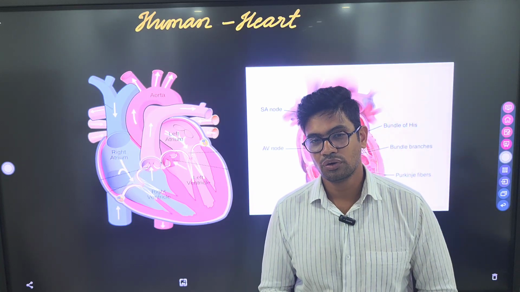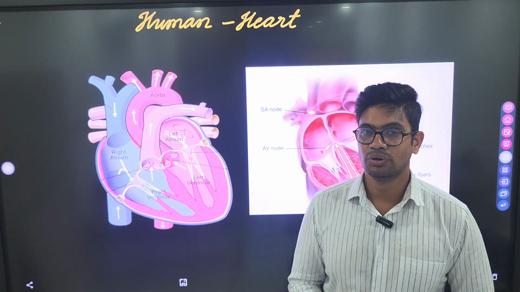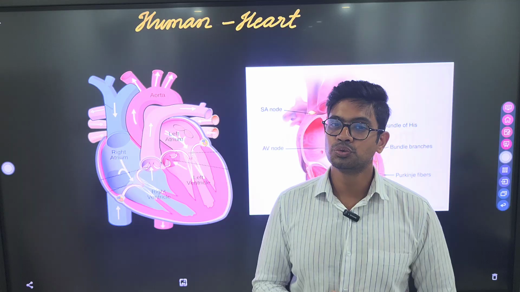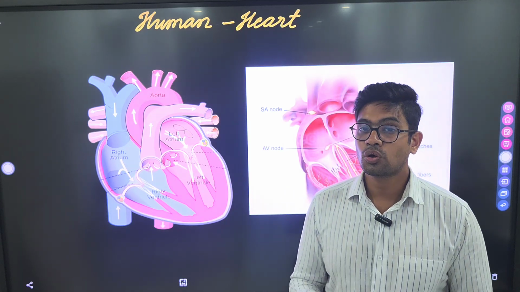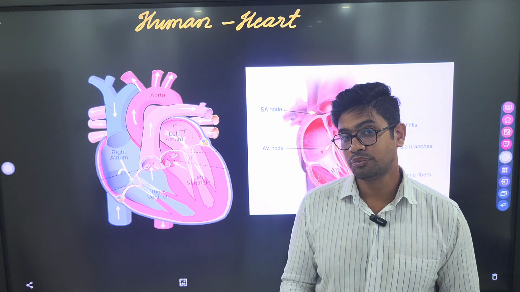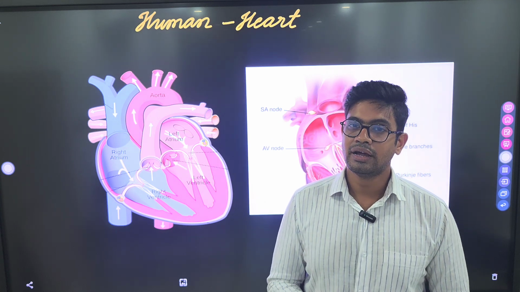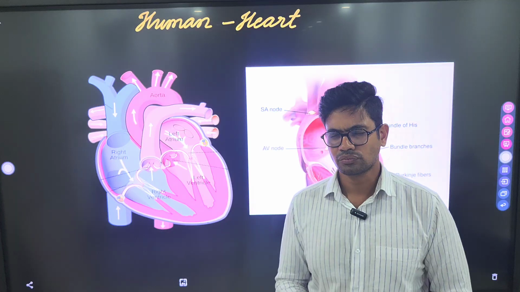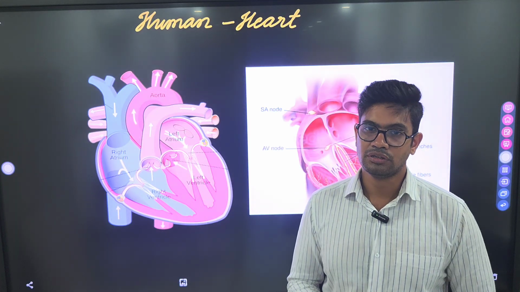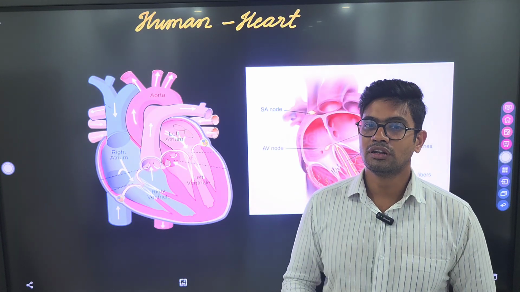Apart from that, there are some medications. Suppose the blockage is due to clotting of blood, so anticoagulants are given, like aspirin. Other than that, streptokinase and other medicines are given. So these are the medicinal ways.